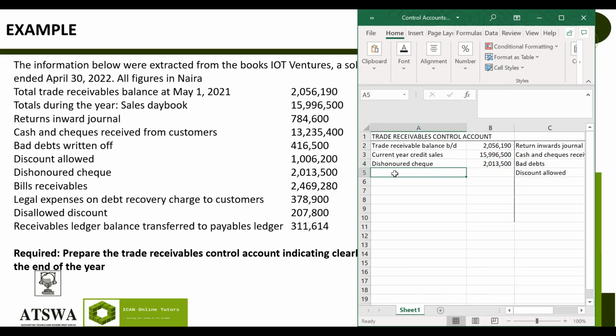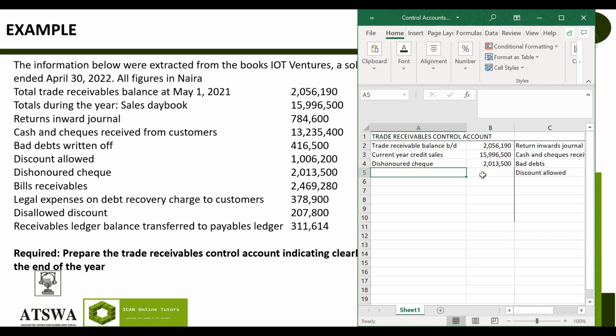What about bills receivable? Bills receivable is the debit side. Why? I explained bills receivable the other time. Do you remember? What did I say? Look at it in the form of a check, like a bill of exchange that is payable immediately.